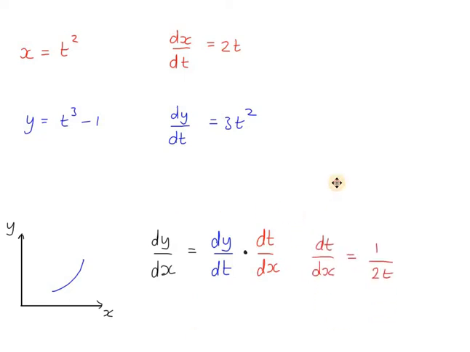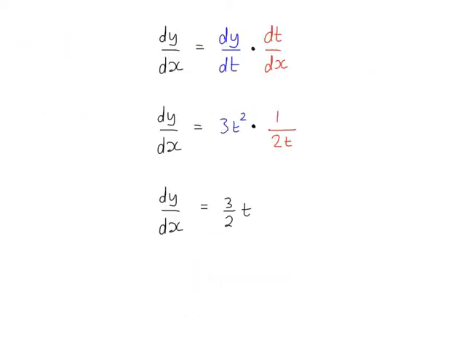Now we need to flip over the dx by dt to get dt by dx, which is 1 over 2t, so this will replace this, and the 3t squared goes here, like so, and then we simplify.